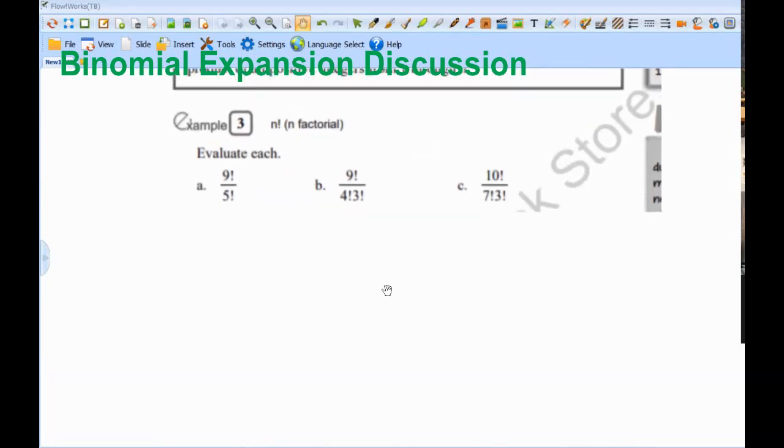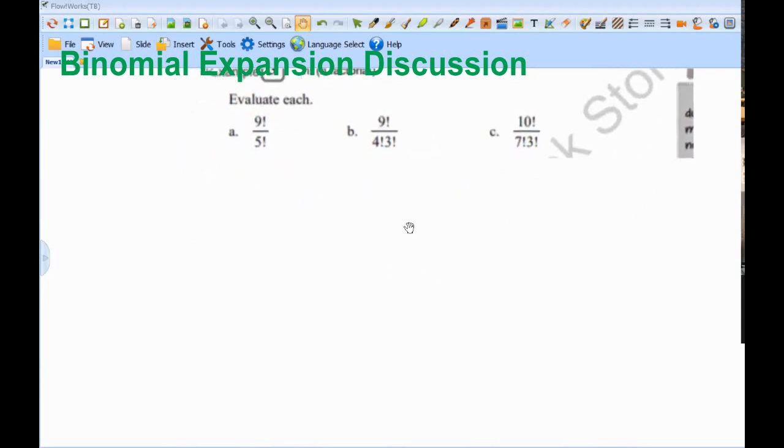So n factorial, to evaluate, you have your calculator. You will see that above x raised to -1 there is what we call factorial. So you have to press shift, and then this button on the upper right of your calculator.